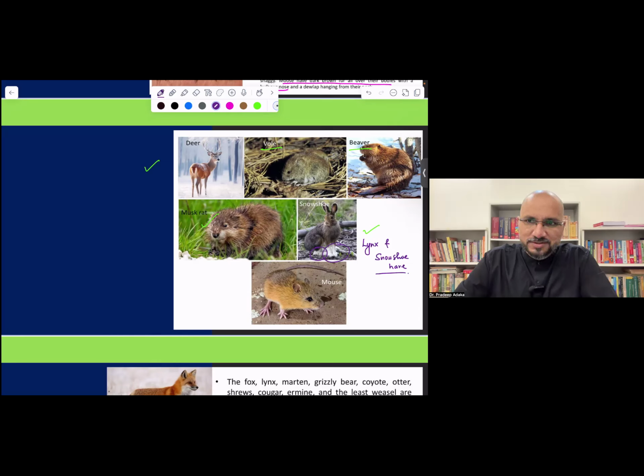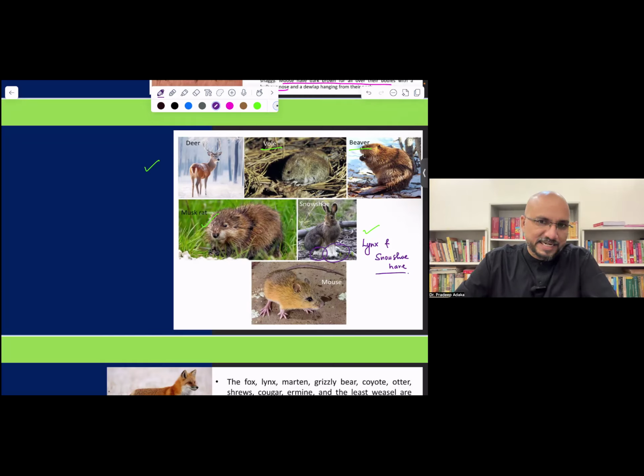Shoe. Now you understand where the name comes from. Snowshoe, white colored toes, right? Snowshoe hare. The legs, they look like snow, right? So lynx and snowshoe hare relationship.